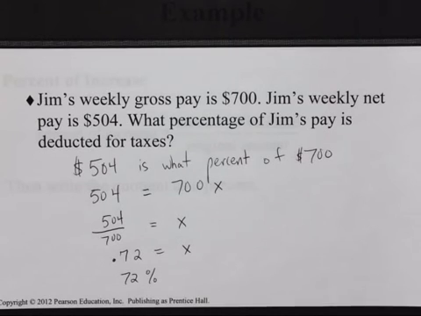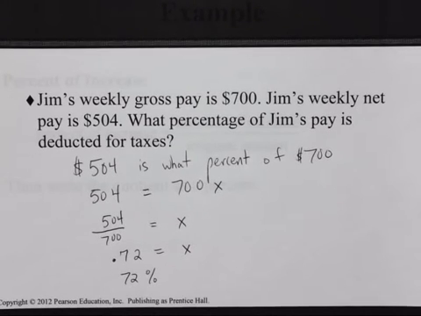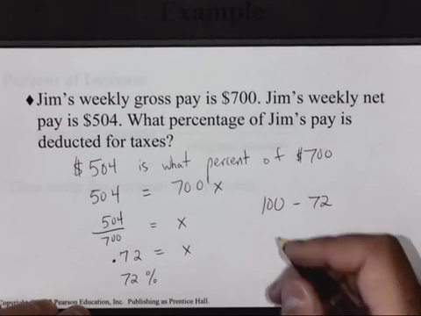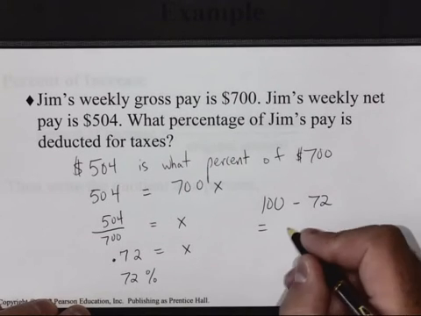Once again, thinking about, does my answer make sense? Hopefully no one's paying 72% in taxes. That's a lot. So if he's taking 72% of his gross pay home with him, then he is paying in taxes 100 minus 72, 28%. And so that makes a lot more sense.